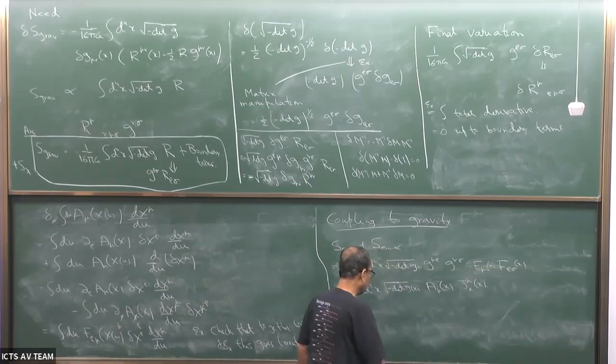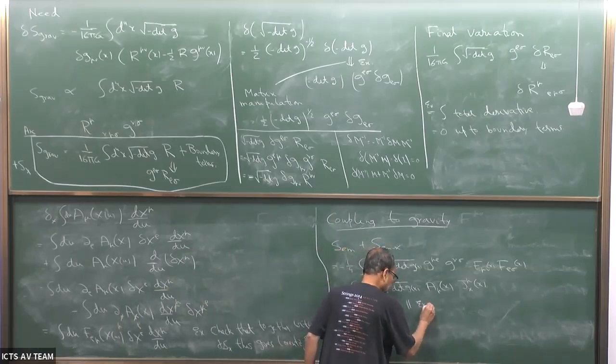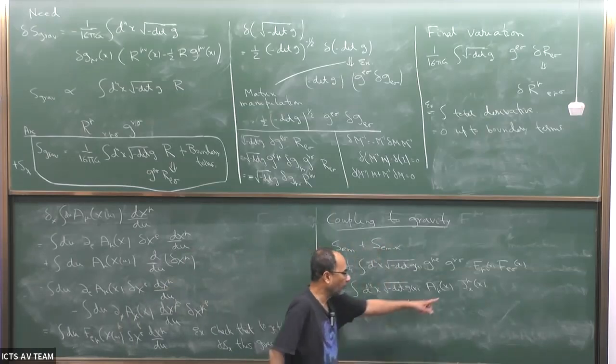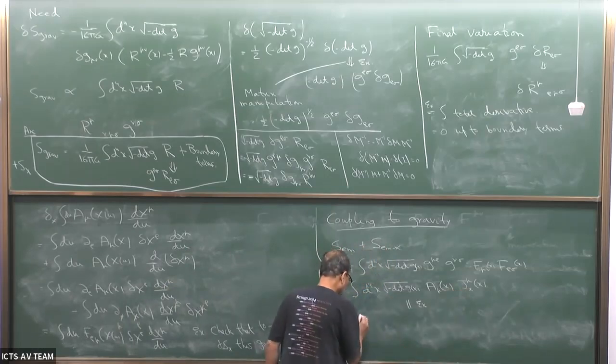You can also write this in an exercise to check that this combination, once you put the covariant form of J mu, also becomes the integral du.